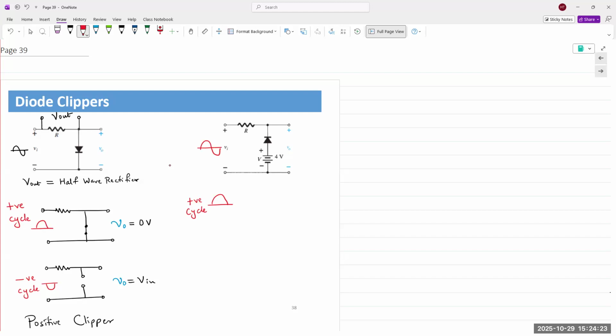Until the cathode goes above 4 volts, the diode is not going to turn off. Assuming the cathode is at 0, the anode is always at 4. If the anode is higher than the cathode, the diode is always going to be on. The only time the diode turns off is if the cathode also goes above 4 volts. So if the cathode is 4 volts or higher, then the diode turns off. So in the positive half cycle, if Vin is less than 4 volts, the diode is on.